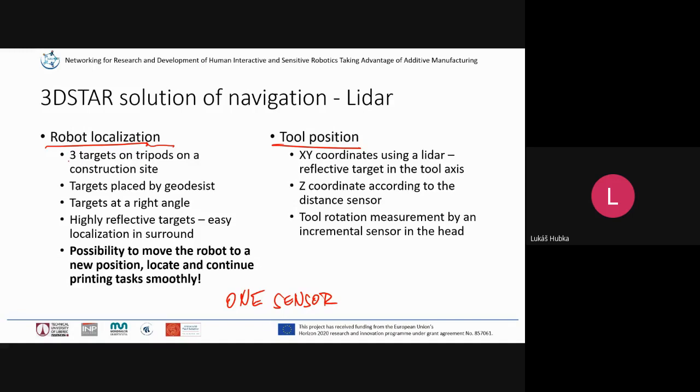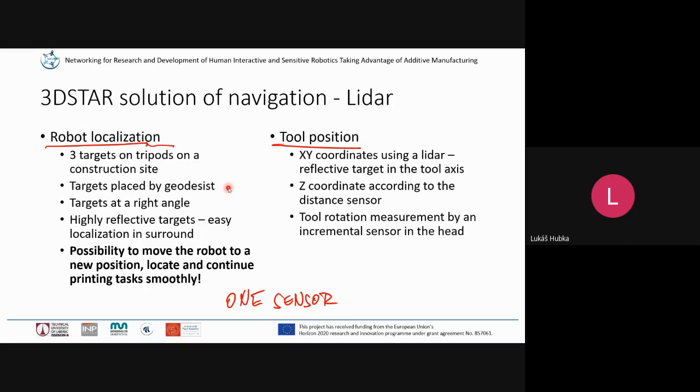Actually, we count on 3 targets on the construction site, which will be placed by a geodetist at a right angle, and these targets are highly reflective, so it's easy to localize them in the surroundings with the software which is inside the LiDAR, so it's not a problem, and with really acceptable precision. What is the advantage? Once we move the robot to another position, we can use the same targets, so there's no need to change anything.